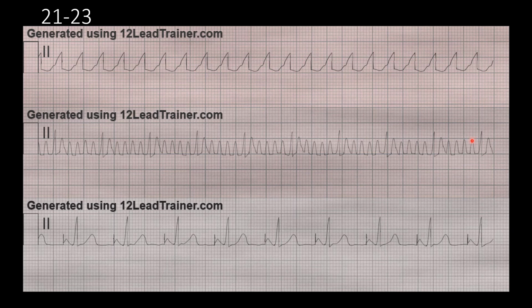Now down here, this does look regular from what I can tell. And this one is another one that's a little tricky because it's hard to discern R waves from really tall P waves. So here's the areas where our R waves are.